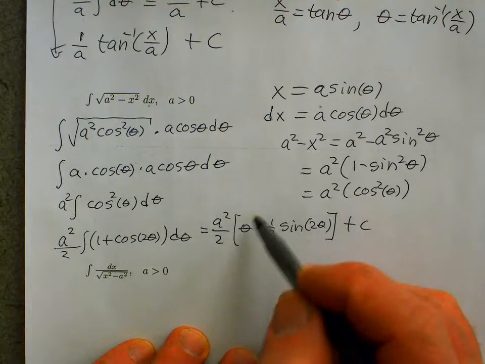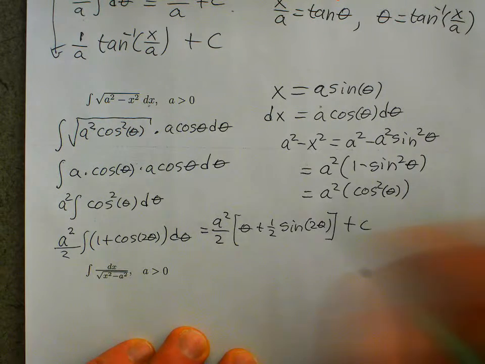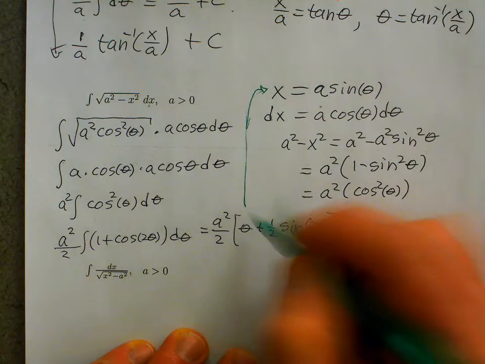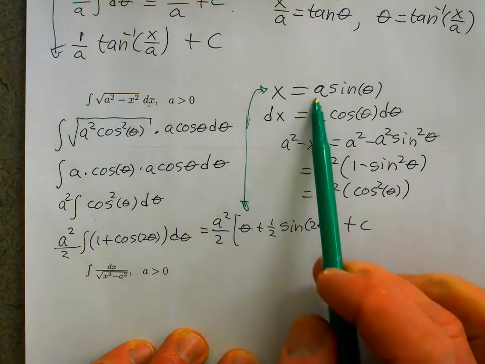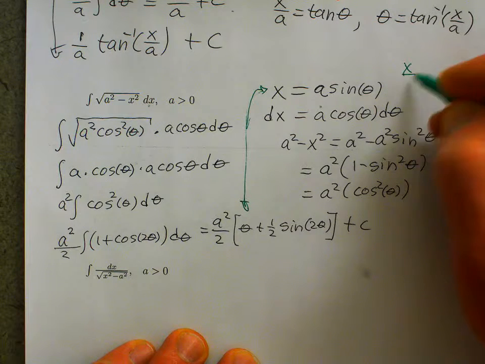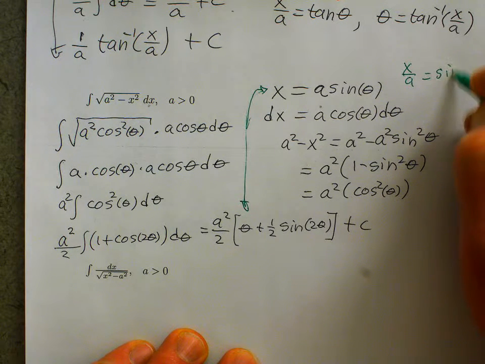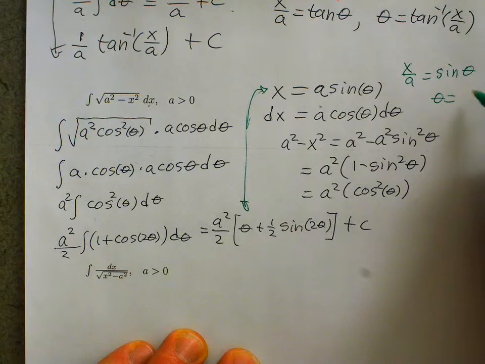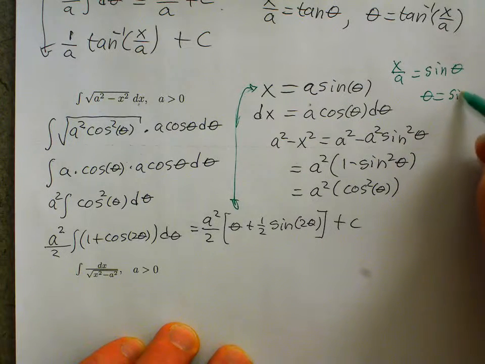Okay, so we need to find theta, but that's based upon our assignment. X equals a times sine of theta. So x over a is equal to sine of theta. And theta is inverse sine of x over a.